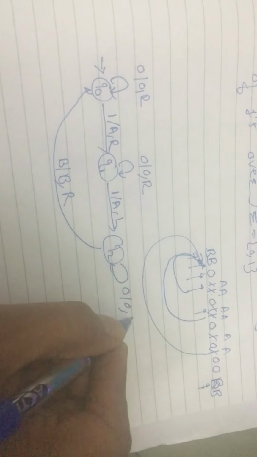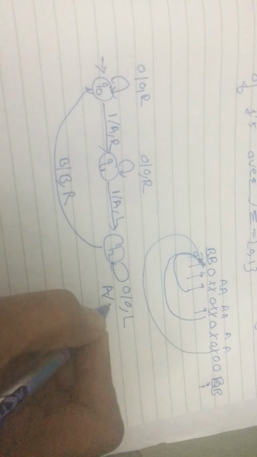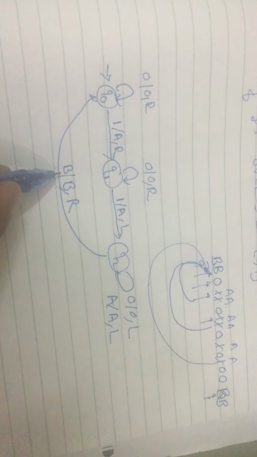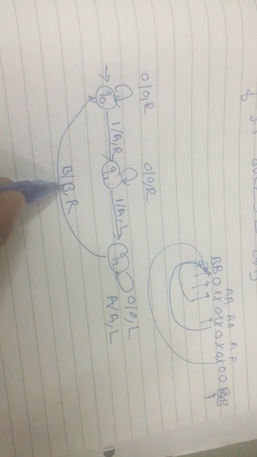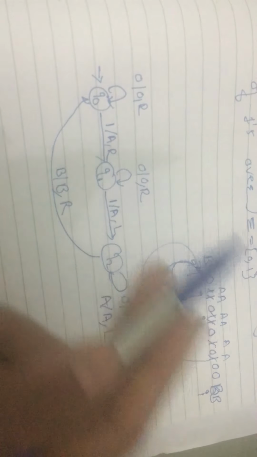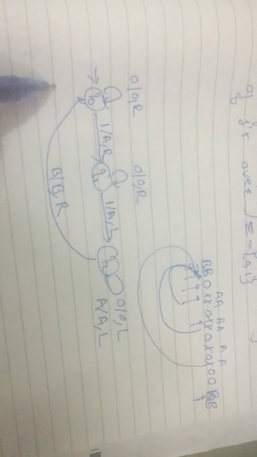If 0 comes, keep 0. If A comes, keep A and move towards the left until it gets the blank B. When it gets the blank cell, it will again repeat the process.